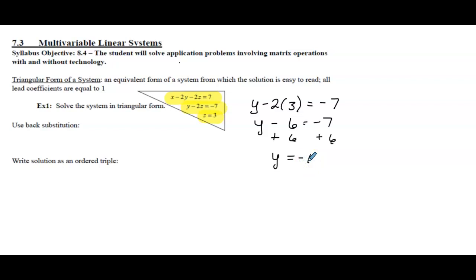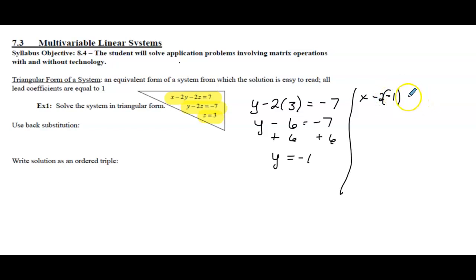The next thing we're going to do then is figure out what x is. So we will take the first equation, and we have x subtract 2y, and y is -1.